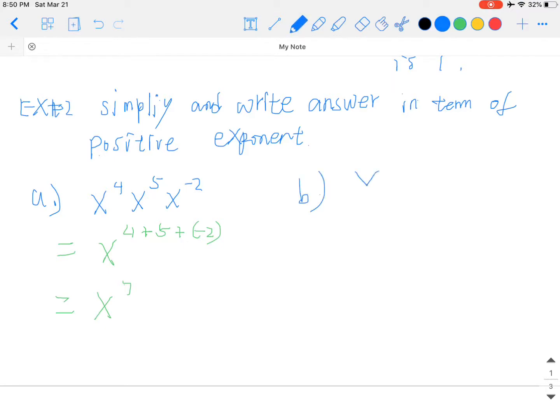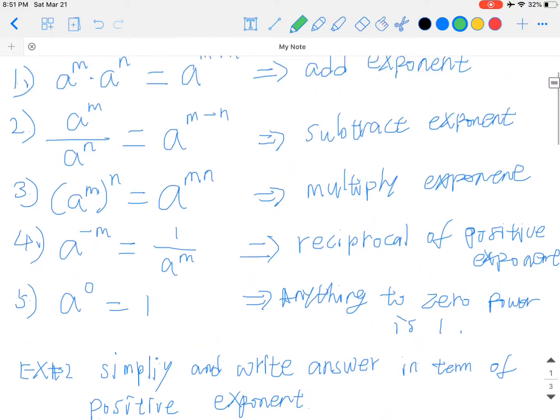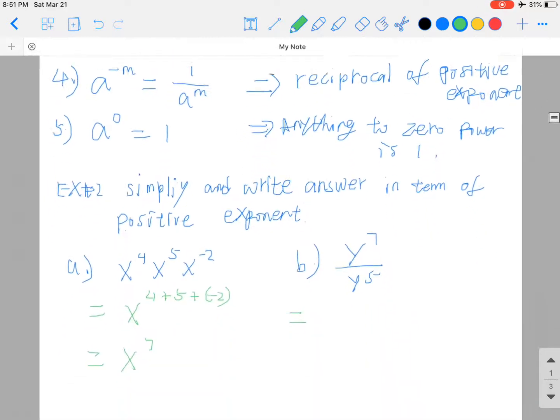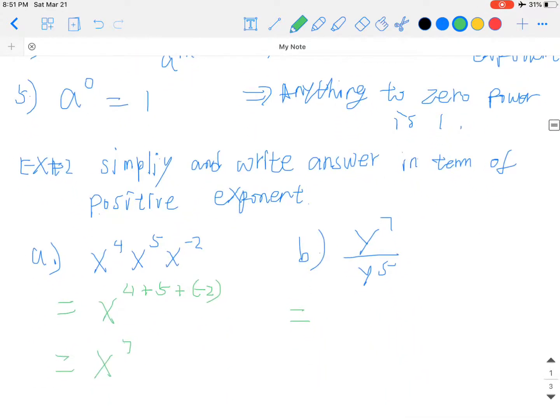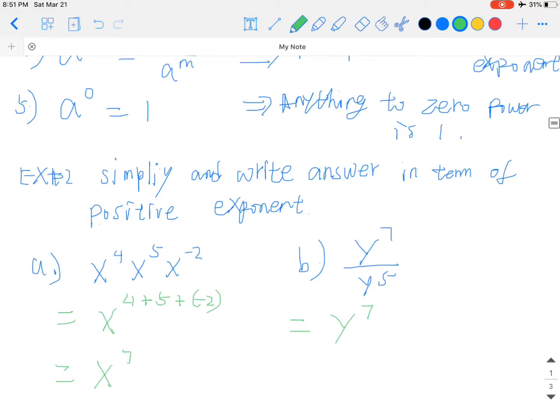B, y to the 7 divided by y to the 5. According to the second rule, a to the m divided by a to the n, divide means subtracting the exponents. So we keep the base, y to the 7 minus 5 equals y to the 2.